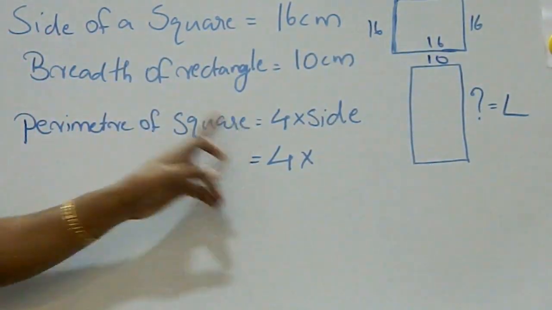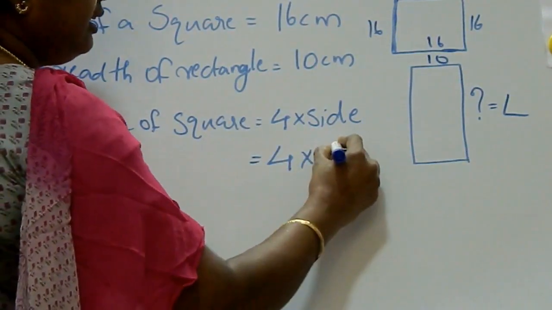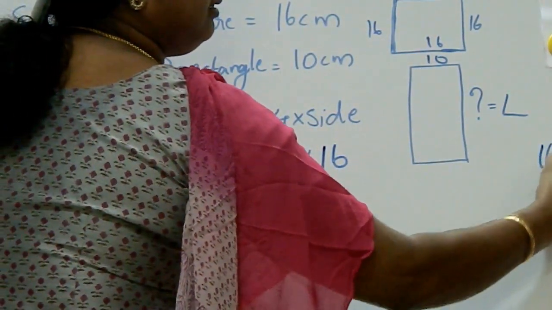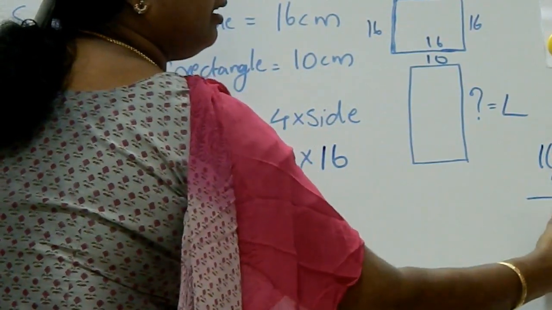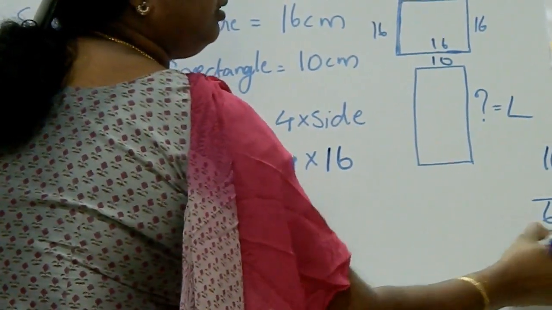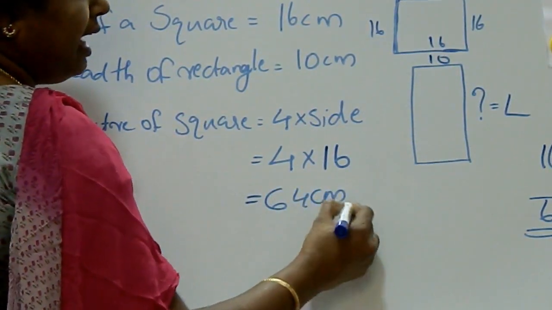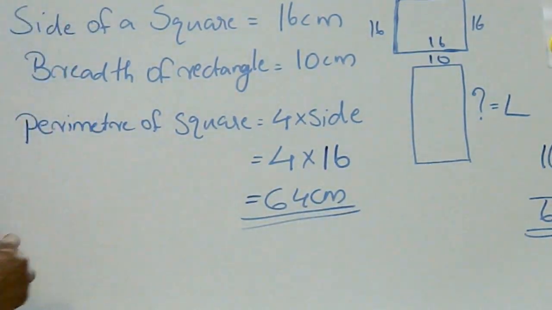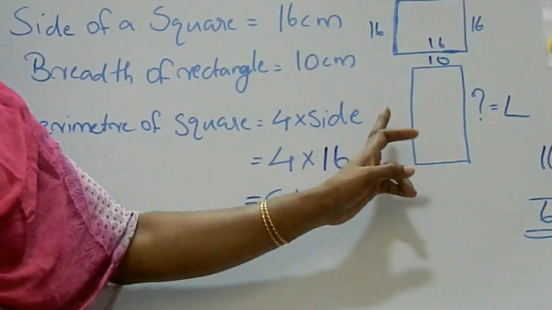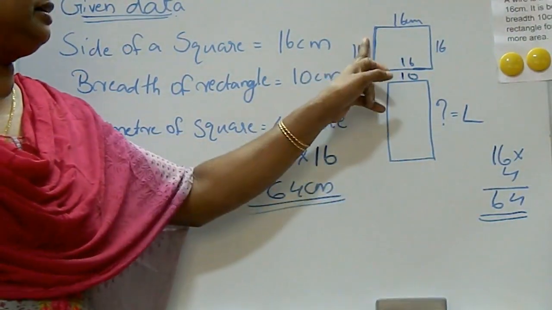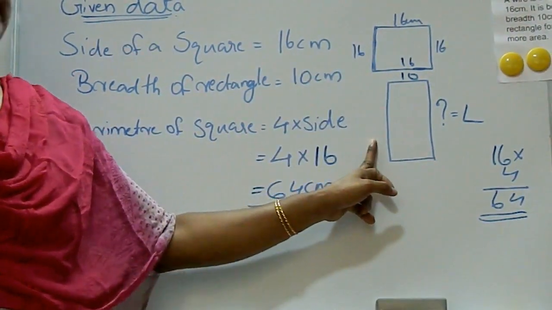Then the perimeter of the square we will find out first. Perimeter is equal to 4 multiplied by 16, that is 64. Then 64 centimeter will be the perimeter of the square. We know that the perimeter of the square and the perimeter of the rectangle will be equal because the same wire we are converting to a rectangle.